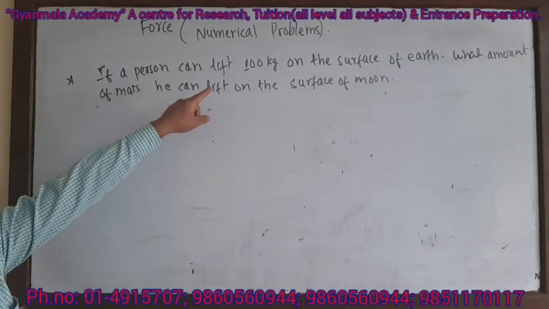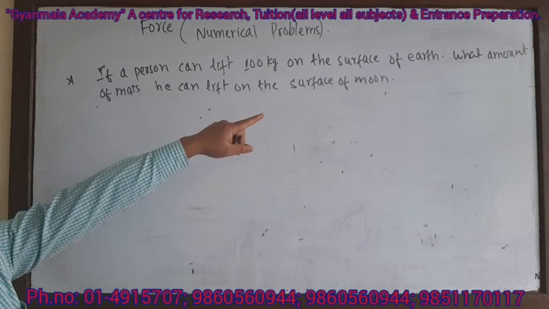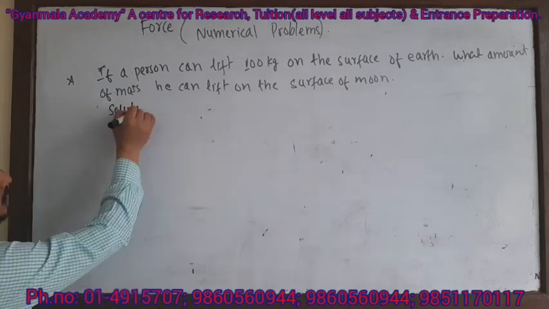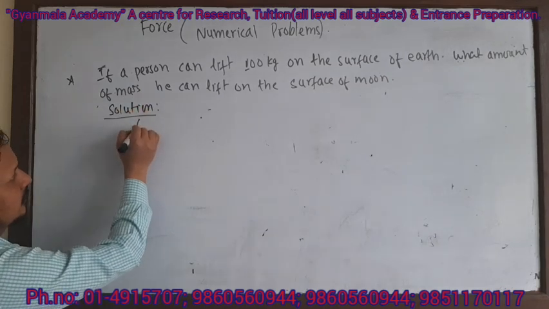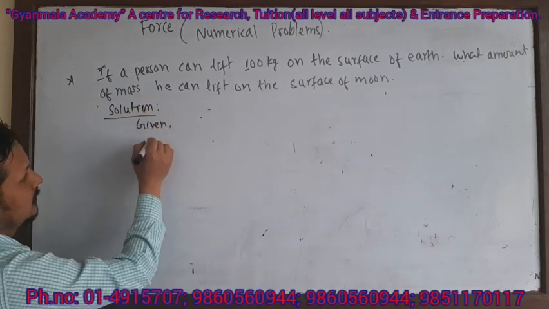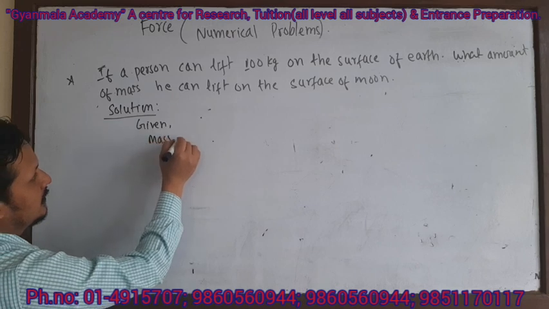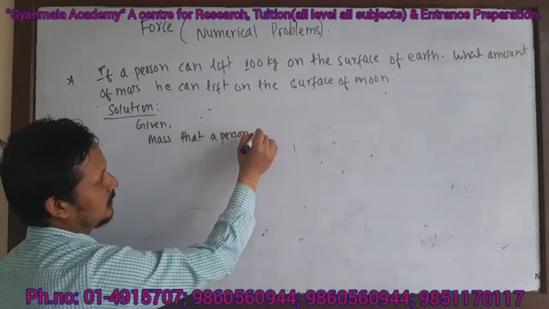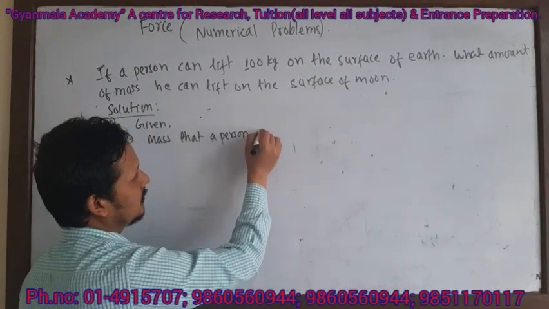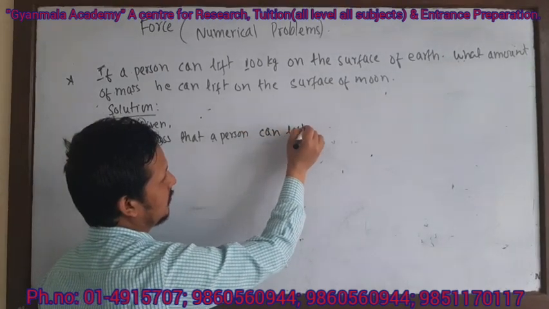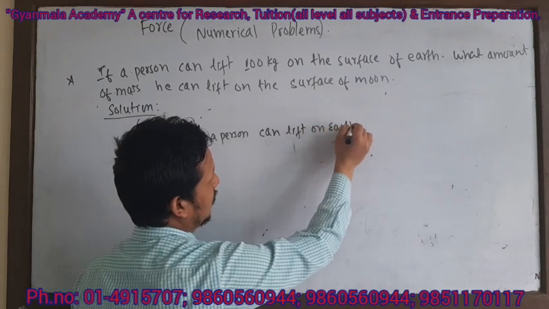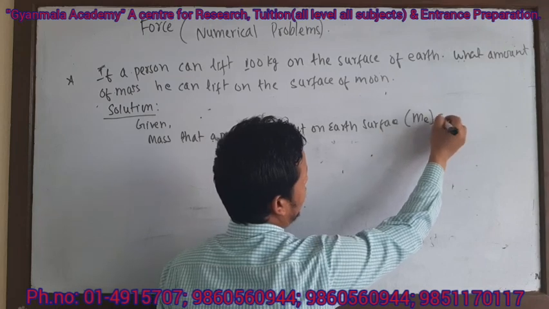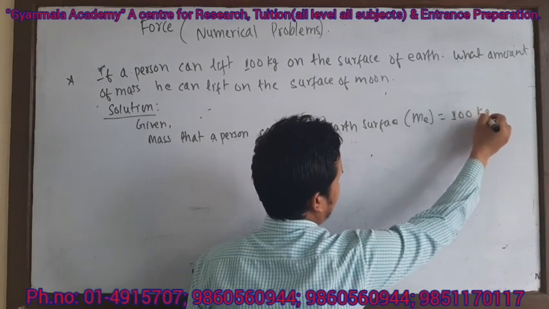If a person can lift 100 kg mass on the surface of the Earth, what amount of mass he can lift on the surface of Moon? Solution. What are the information given? Mass that a person can lift on Earth surface, M equals to 100 kg.